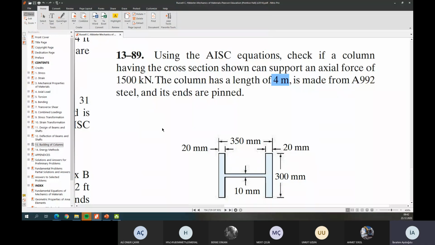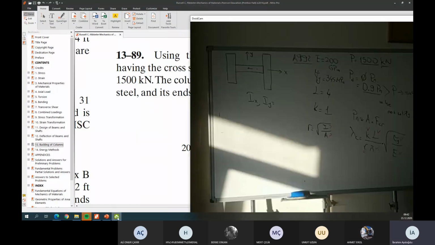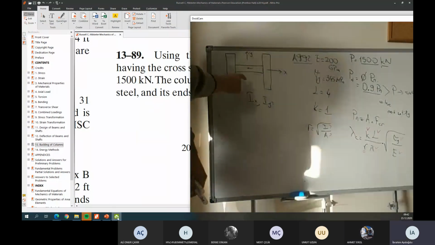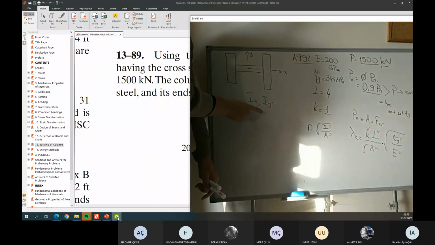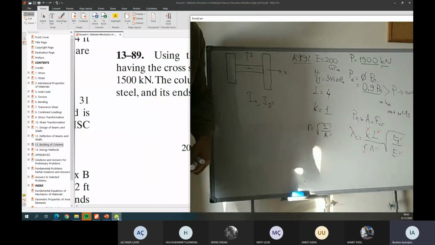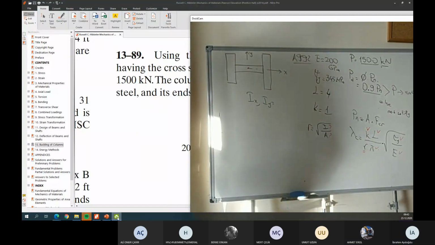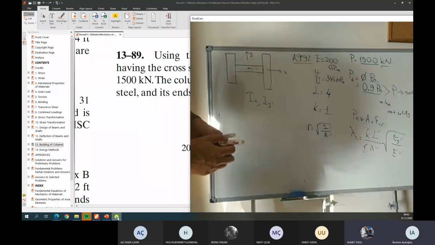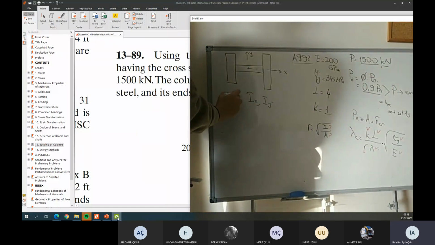So which one do we take, Ix or Iy? Sorry, you can't see. So this is the cross section, isn't it? I can compute Ix or Iy. Which one will I choose? I guess Iy. Why? I can say the one which is the minimum.